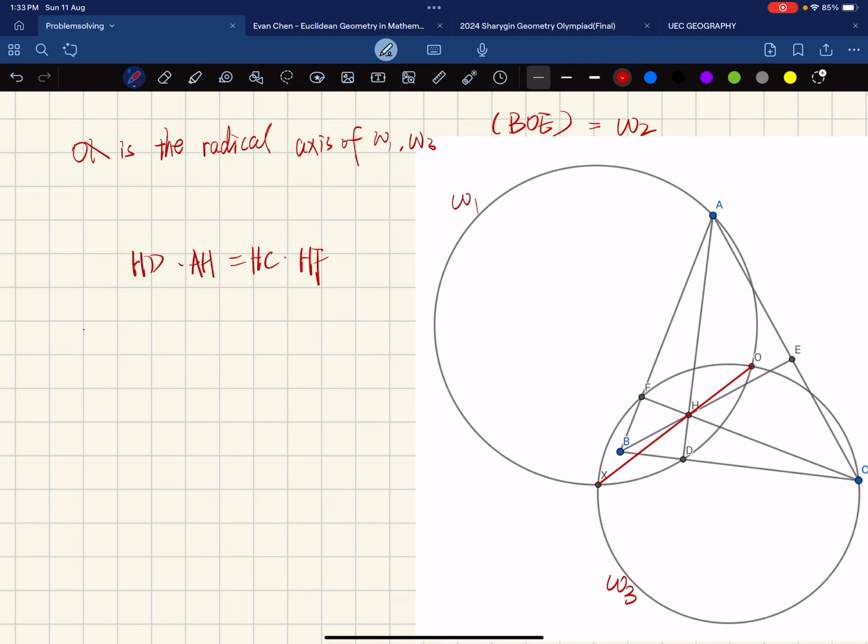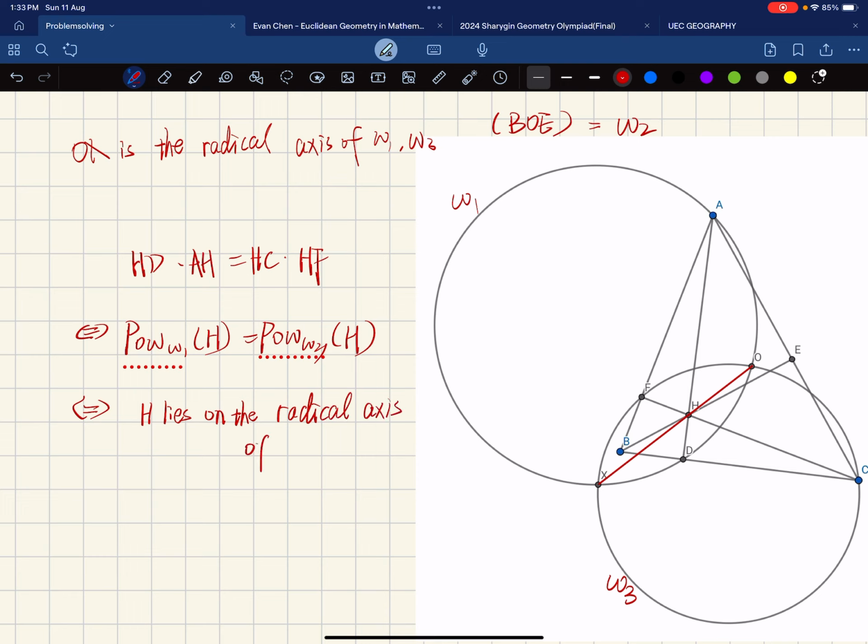Which means the power of H to omega 1 equals the power of H to omega 3, and that means H lies on the radical axis of omega 1 and omega 3, right?